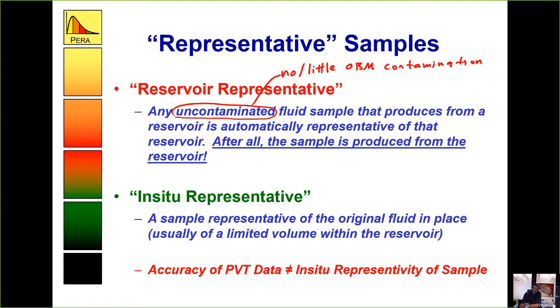And then you want the laboratory to make good PVT measurements of those samples. So those become very useful for EOS model building, or just QCing an existing EOS if the PVT data is good.